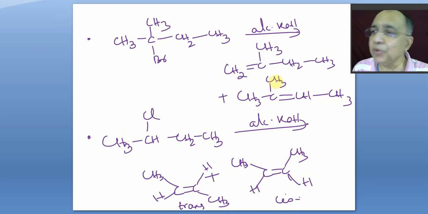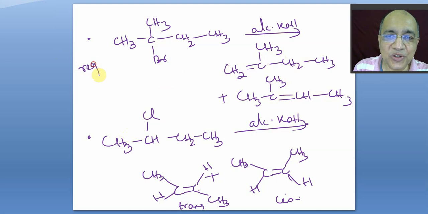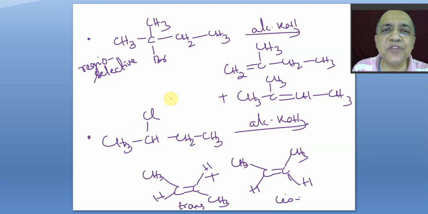In this case, tell me. Undoubtedly, it is regio, because the two are regioisomers or structural isomers or constitutional isomers. So this is a regioselective reaction. The question of stereoselectivity does not arise because these are not stereoisomers.